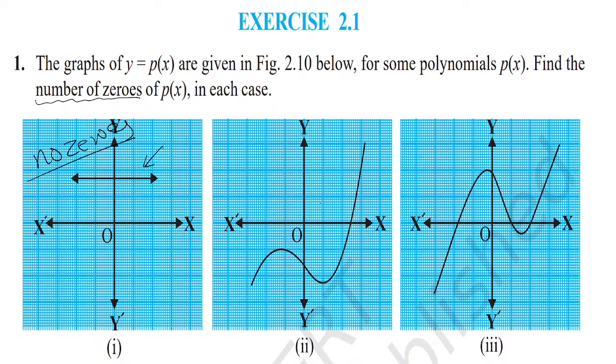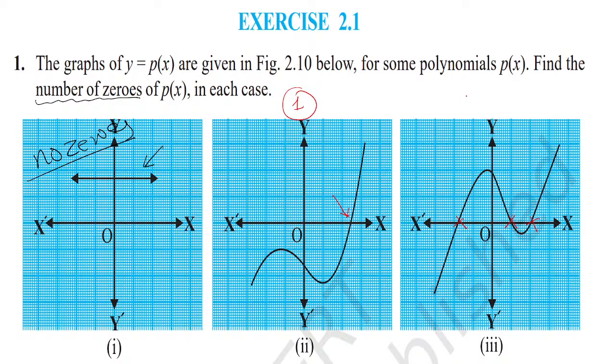In the second one, this graph is cutting the x-axis at only one point. So how many zeros are here? 1. Here it is cutting at how many places? 1, 2 and 3.